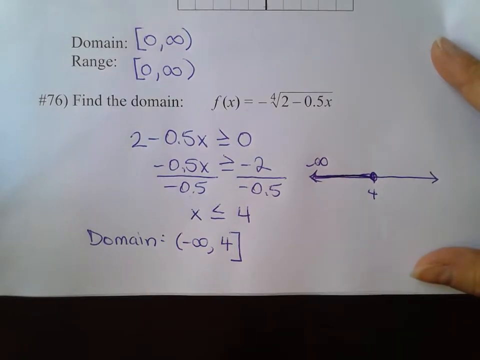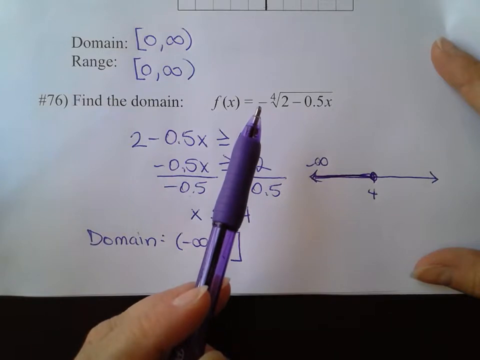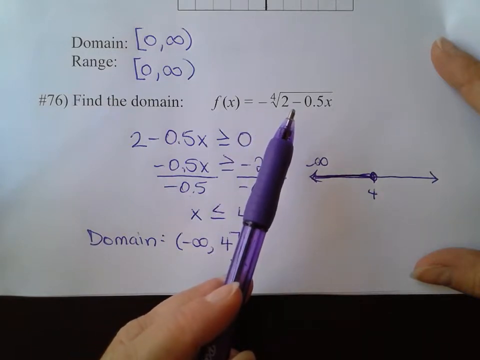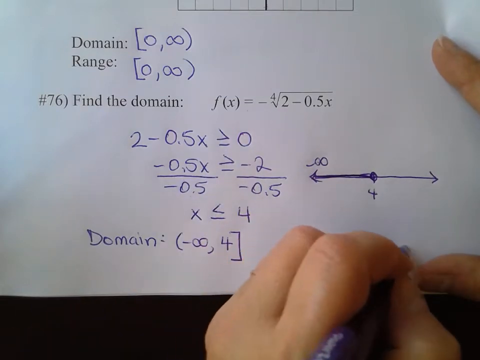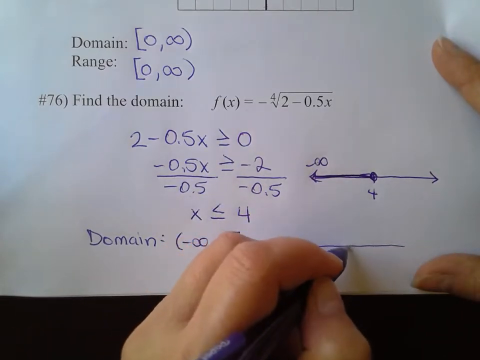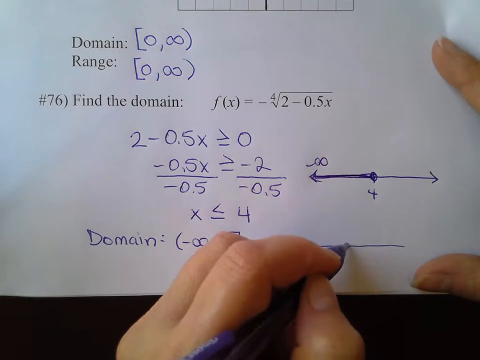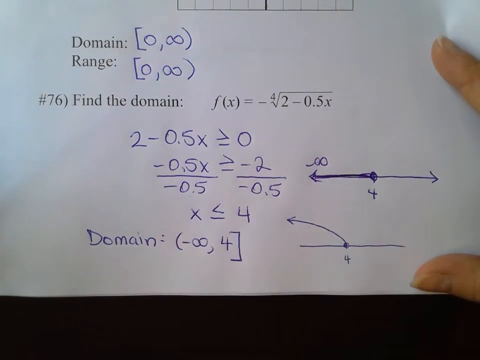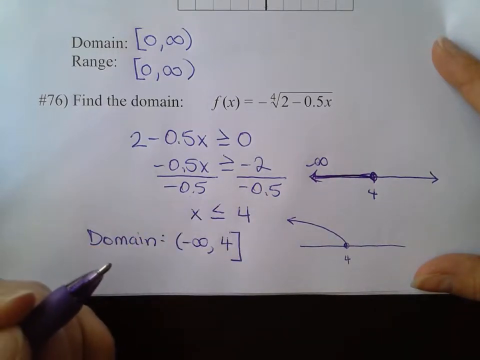Okay, and this graph shape would be reflected over the x-axis and I believe reflected over the y-axis. So we get sort of a curve, I guess at 4, right? That looked like that.